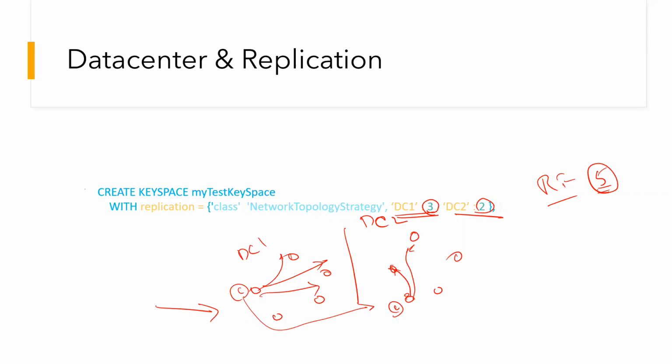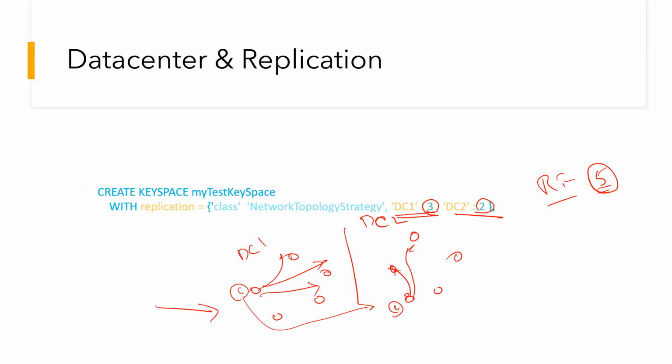Let's say it is DC1, and we wanted to make sure that it doesn't just go to one node and fetch the data. So that is where the consistency level comes in. If you define the consistency level as 1 or 2, it just takes the confirmation from 1 or 2 nodes and comes back.